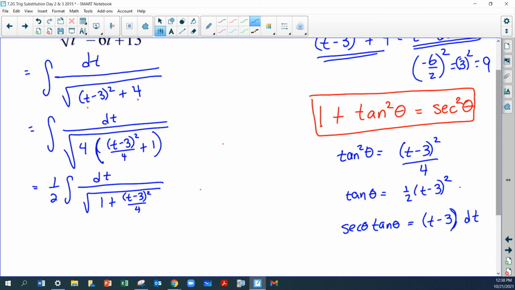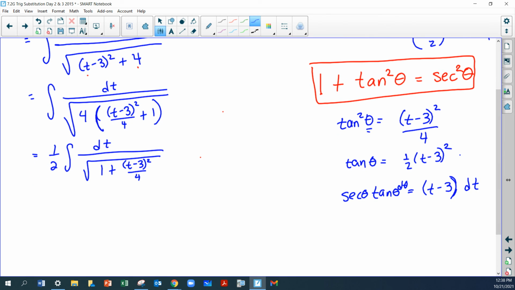Dt, yeah. And this would be dt d theta. Okay, multiply up by d theta. I had to keep track of what was my independent variable, and I wanted theta to be my independent. Okay, now back over. Let's do our substitutions.